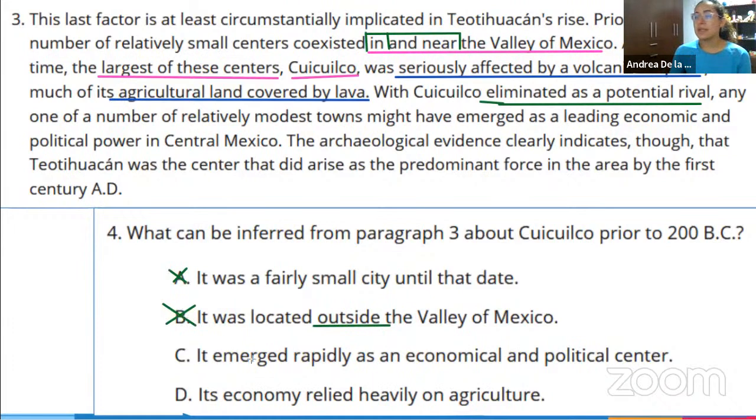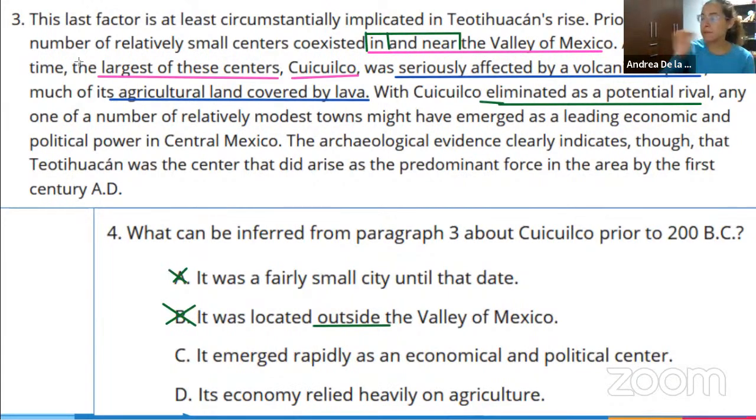Now, option C says it emerged rapidly as an economical and political center. This is probably, as I was telling you, one of the traps in the reading, because they put words and phrases that are going to sound familiar to you, since you have read the text, because they talk about something like that, right? Leading economic and political power.